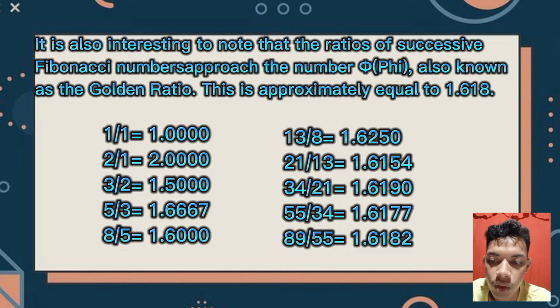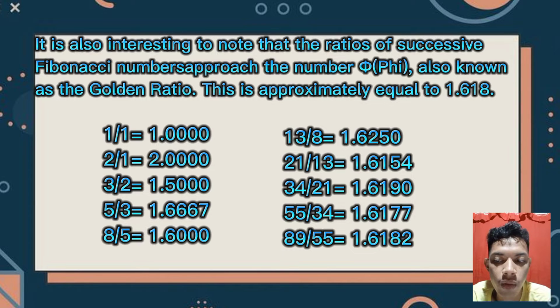And 5 over 3 is equal to 1.6667. 8 over 5 is equal to 1.600, 13 over 8 is equal to 1.6250, and 21 over 13 is equal to 1.6154. 34 over 21 is equal to 1.6190. 55 over 34 is equal to 1.6177.